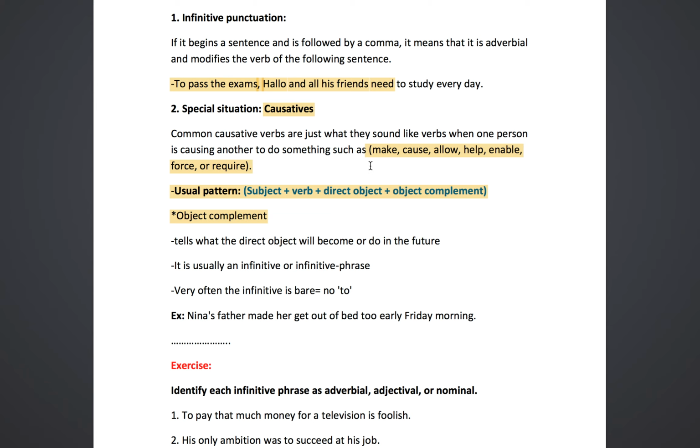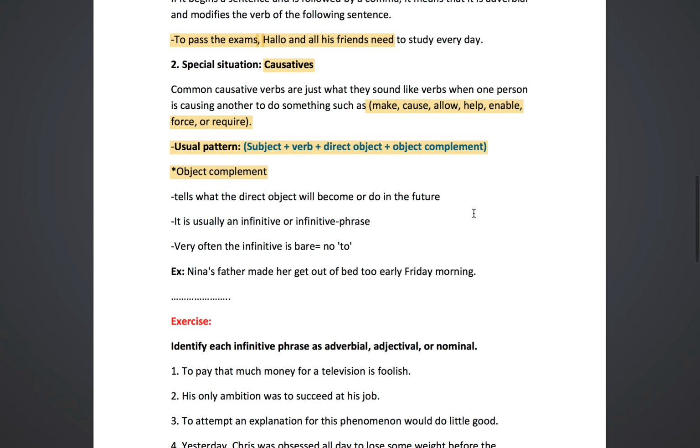To complete its meaning and tell us what it's going to do, we need the object complement. This is the main purpose of having causatives: they need something to complete their meaning. So here we have the object complement, which is usually the infinitive or infinitive phrase.